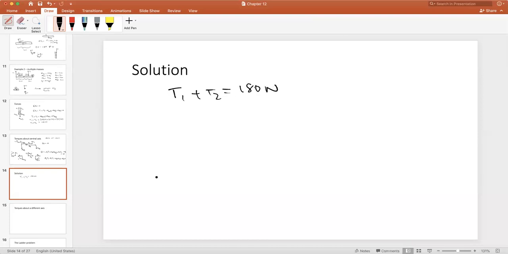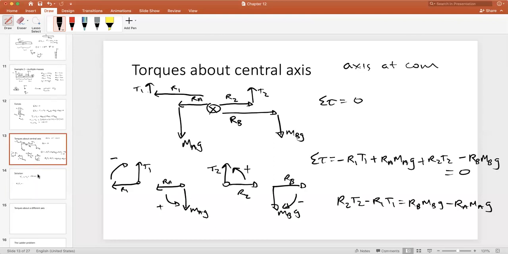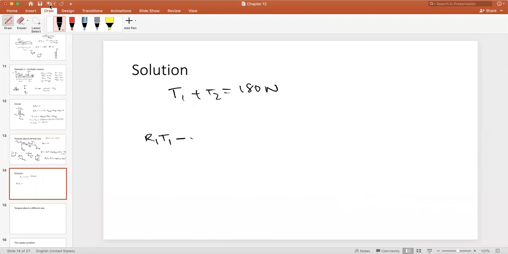We got that from our force equation. And then, actually, let me double check. Sorry, R2, T2 minus R1, T1 is equal to RB, MBG minus RA, MAG.